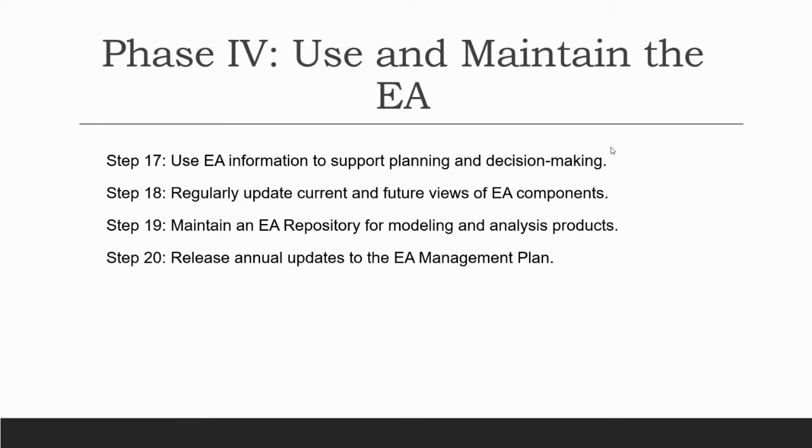This phase 4 is a continuing series of activities that encourages all stakeholders to use EA information and sets an annual cycle for updates. This is where the EA program's value is recognized as it supports enterprise-wide planning and decision making. This value is maintained by continuous modification to the architecture's current and future perspectives and views.